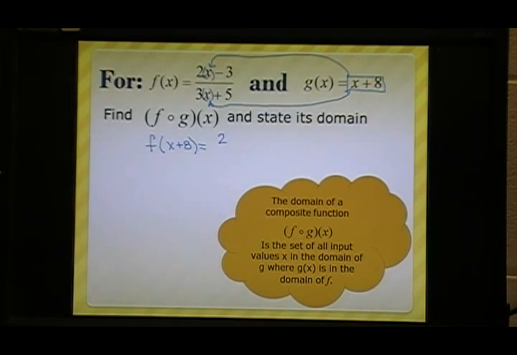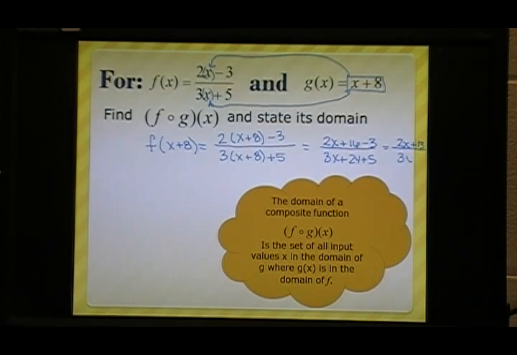So we have 2 times the quantity x plus 8 minus 3 over 3 times the quantity x plus 8 plus 5, or 2x plus 16 minus 3 over 3x plus 24 plus 5, which gives us 2x plus 13 over 3x plus 29.